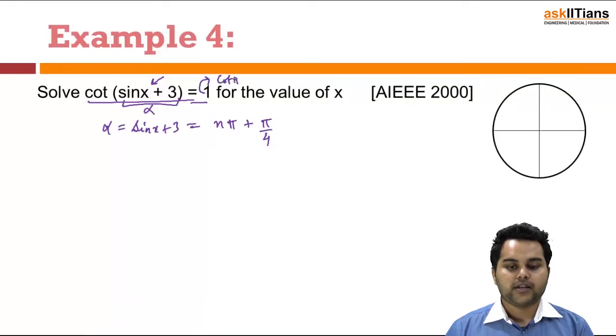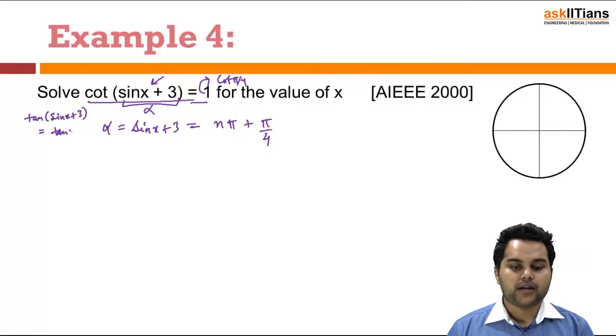And if I take a reciprocal on both the sides, that would give me tan of (sin x plus 3) being equal to tan of pi by 4. I can write it as a solution, sin x plus 3 is equal to n pi plus pi by 4. That's what I have written here.